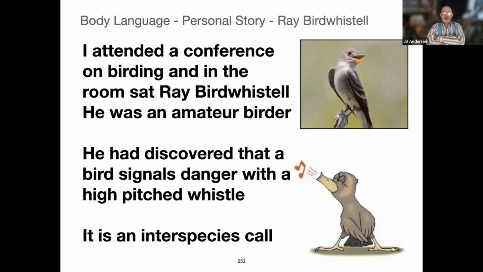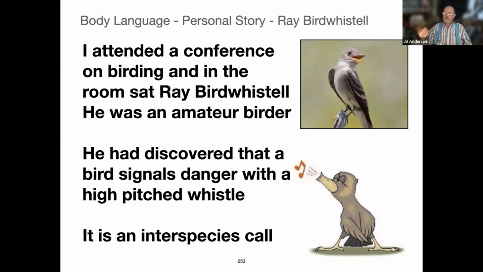Well, I attended this conference on birding, and in the room was Ray Birdwhistle, an amateur birder. But he had done some research on birds, and it was interesting because he discovered that all birds, no matter what the species, have a tweet, and it's a high-pitched sound.